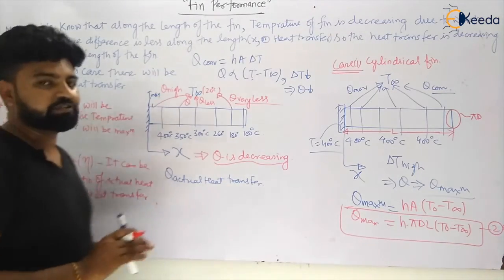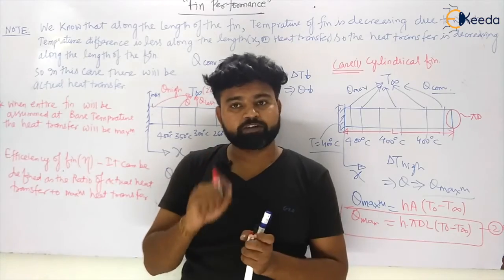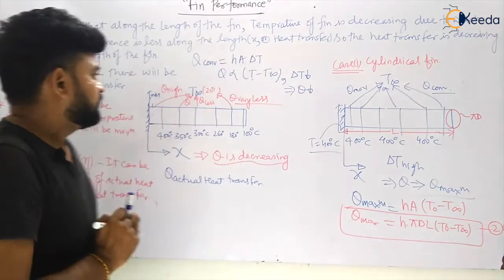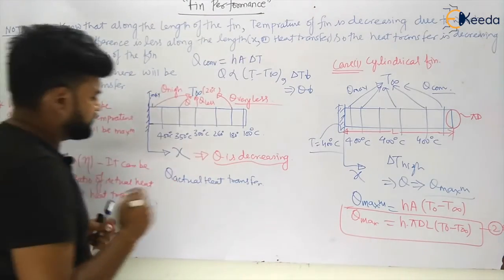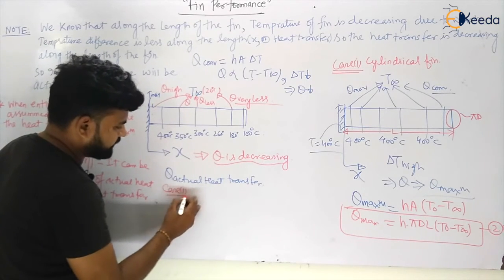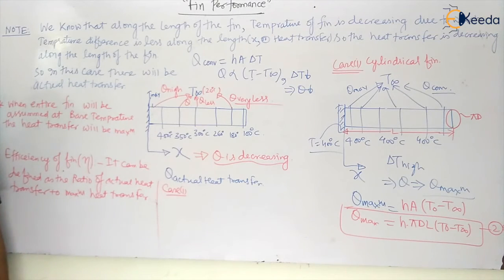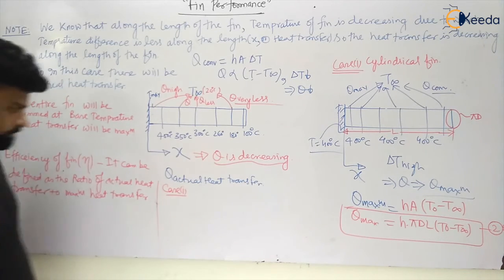Now what will be the actual heat transfer? The actual heat transfer will vary upon the type of fin. Let us take case first, when I am taking the infinite length fin.